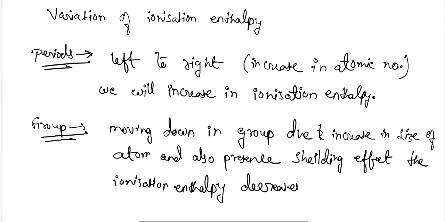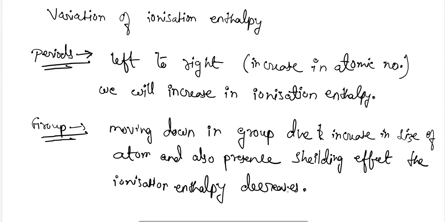It means it will now be easier for the elements lower down in the group to remove electrons from their outermost shell. So these were the variations of ionization enthalpy in groups and in periods.